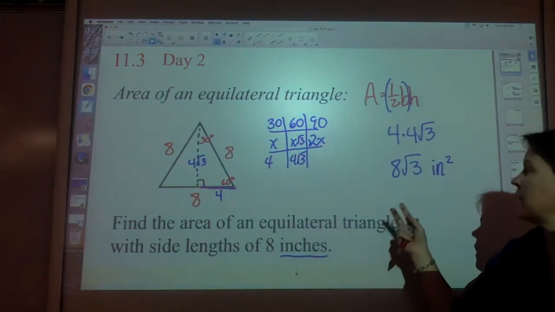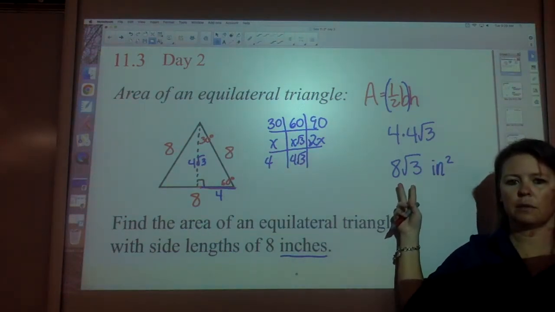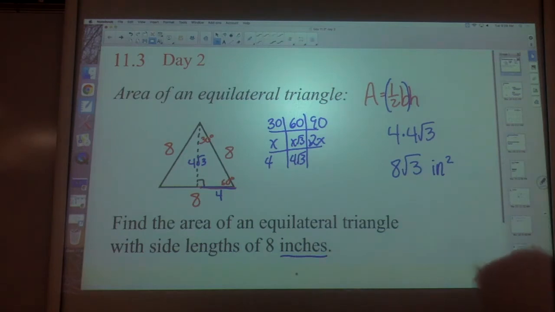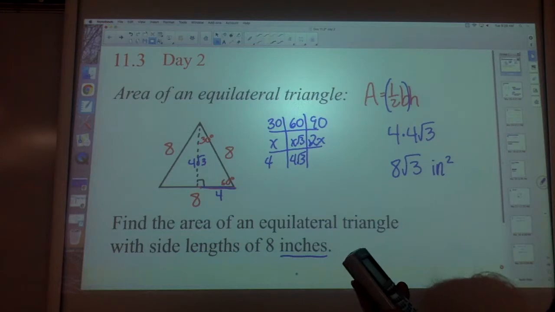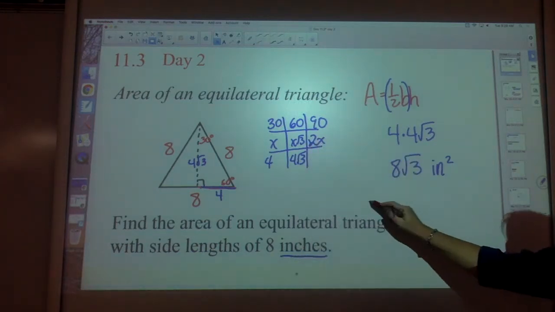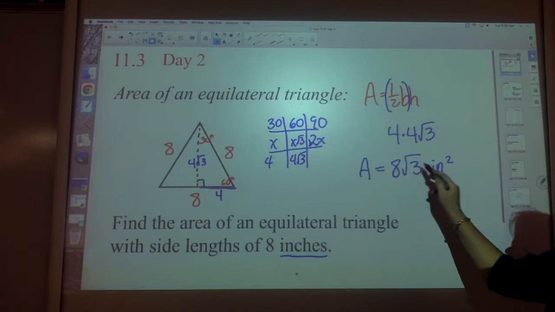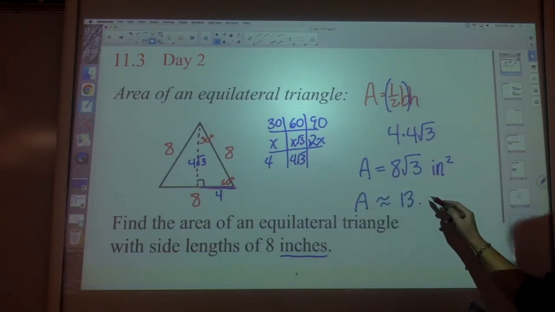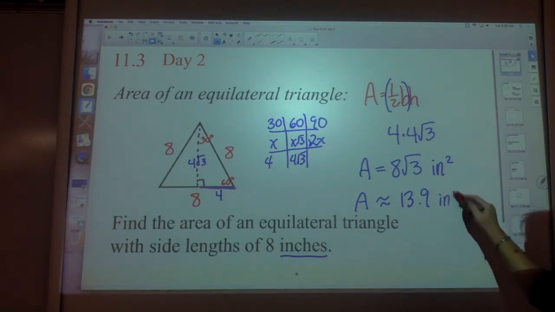There will be times that you'll be asked to leave it as a radical, but then there will be times that they'll ask you to go to the nearest tenth. So we'll type in 8 square root of 3, and you'll get 13.9. So the area either equals 8 square root of 3, or it's approximately 13.9 inches squared.